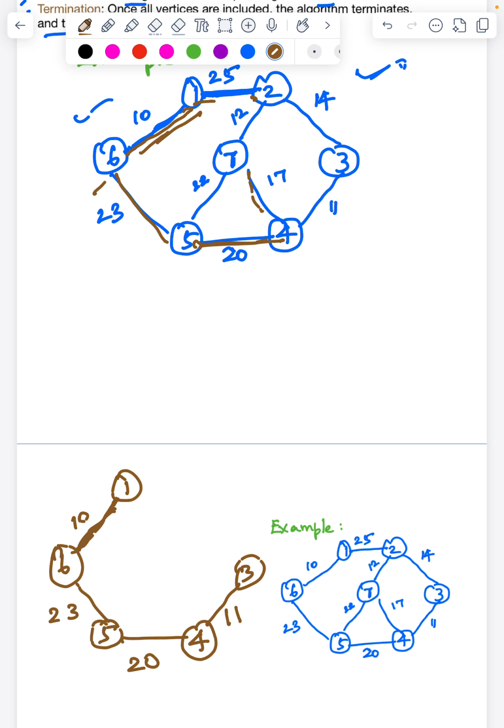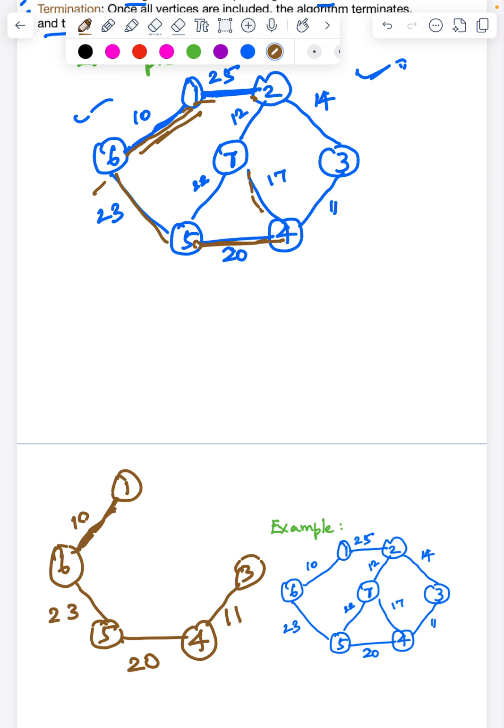Now what is the next step? We have to look for adjacent vertices of 1, 6, 5, 4 and 3, and we have to look for the min cost fringe. Out of all these, though we have 22, 25, 17, vertex 3 has 14 with 2.